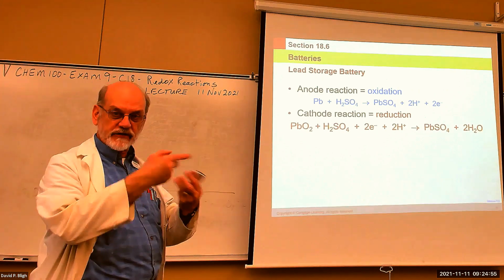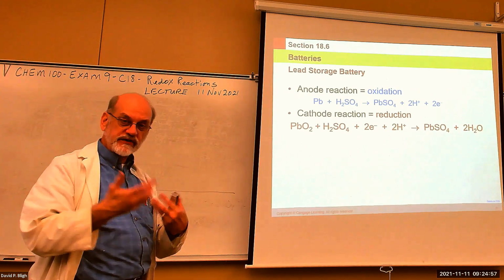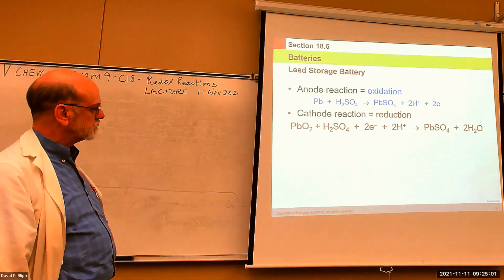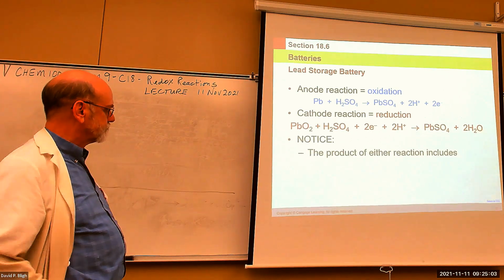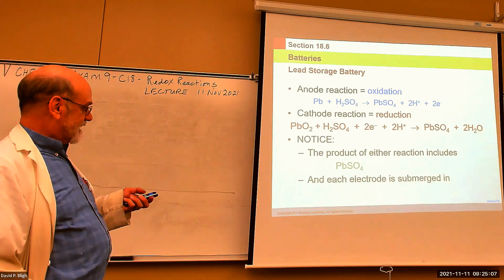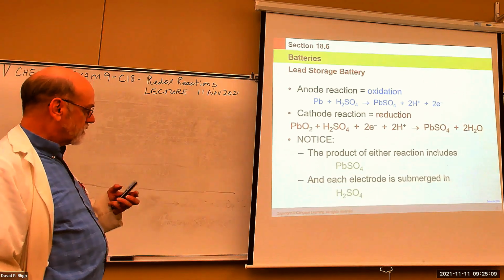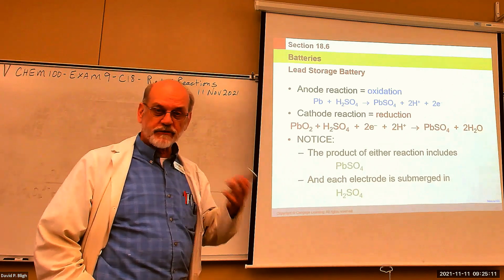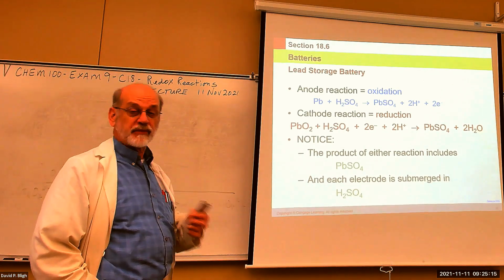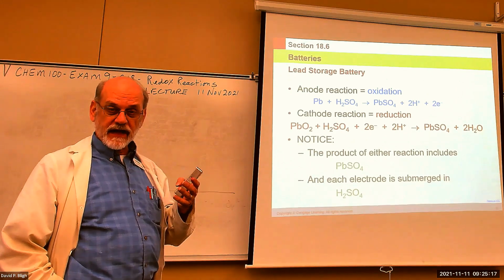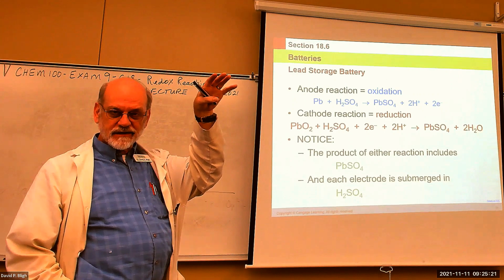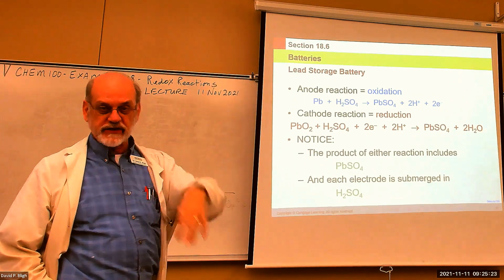You don't have to have that salt bridge or a porous disc to make it work. Right, so each electrode is submerged in this sulfuric acid, and the reactions occur independent of one another, and we send the electrons outside to do work on their way to the other side.